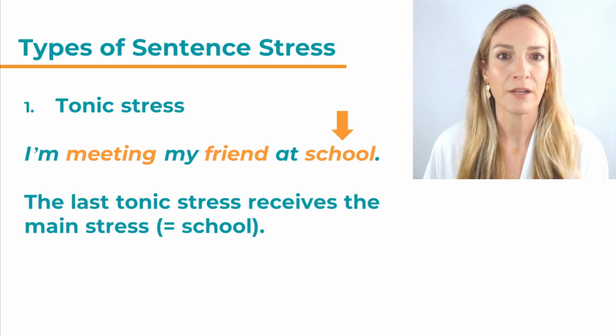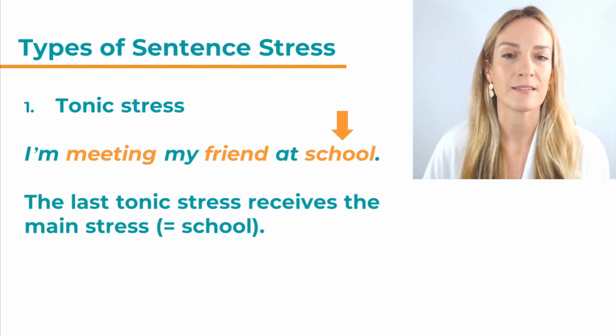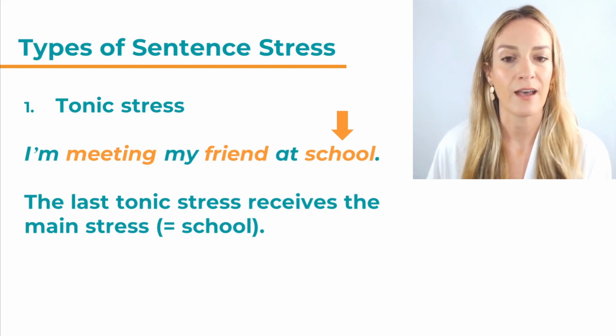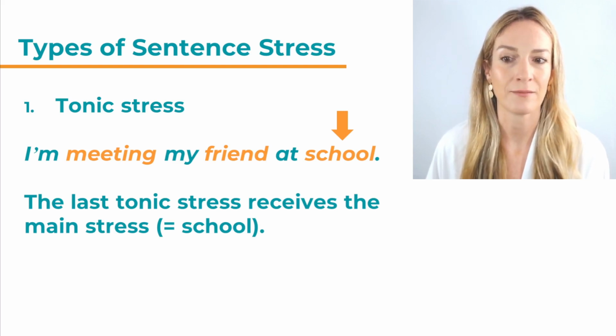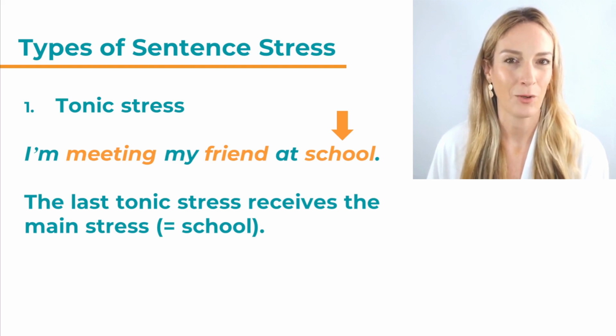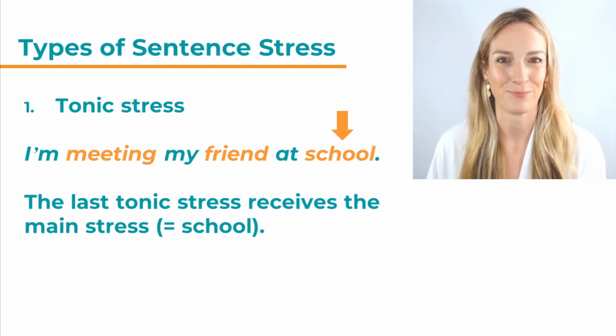So I'm meeting my friend at school means school is slightly more stressed than meeting and friend. And I'm, my, at are unstressed. Let's listen. I'm meeting my friend at school. I'm meeting my friend at school. Hopefully you were able to hear it.